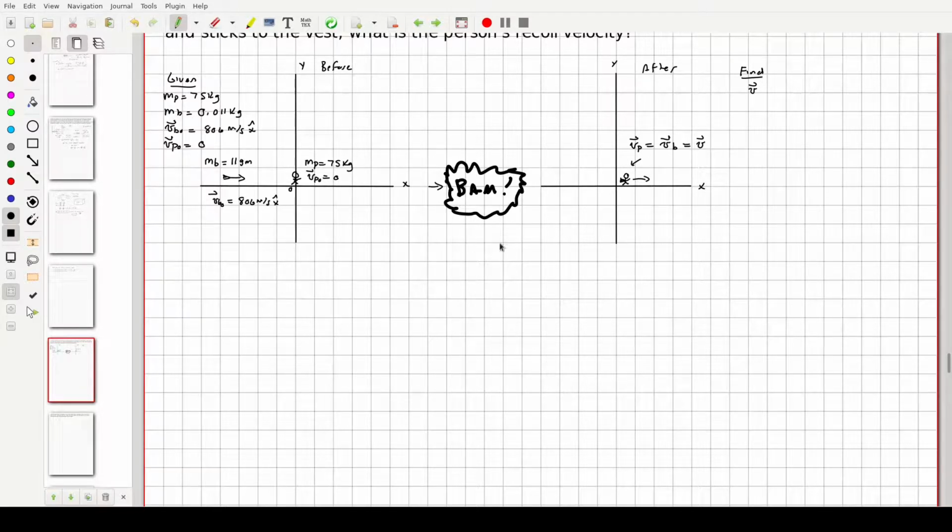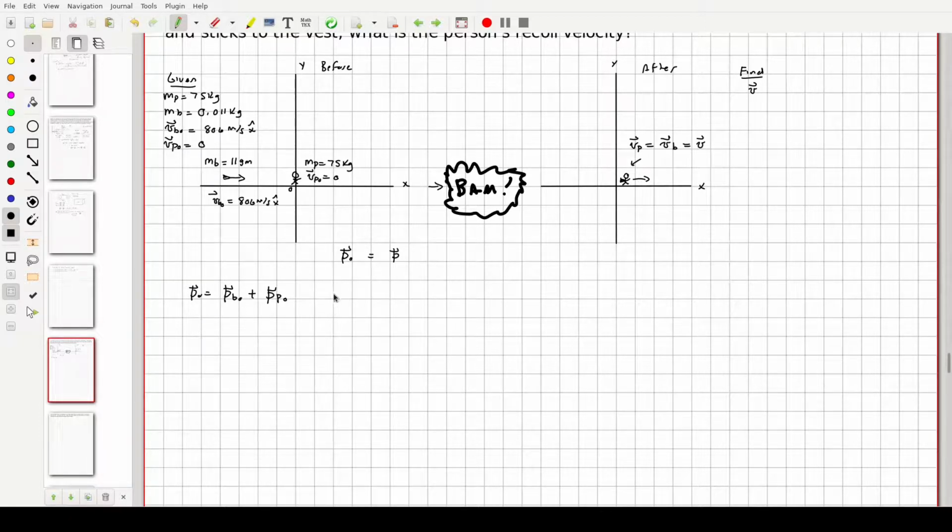There are no external forces acting on our system, which means that our total initial momentum is going to equal the total final momentum. So what's our initial momentum equal to? Well, we have the initial momentum of the bullet and the initial momentum of the person.